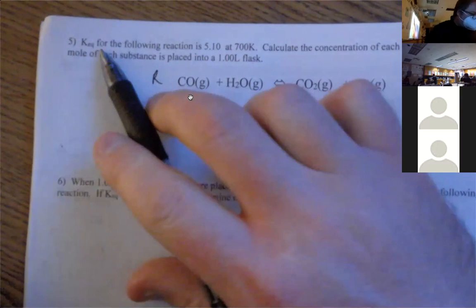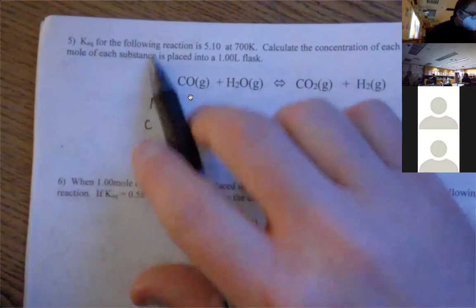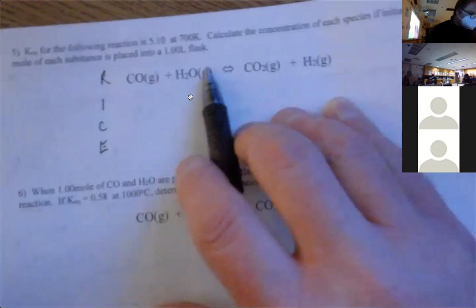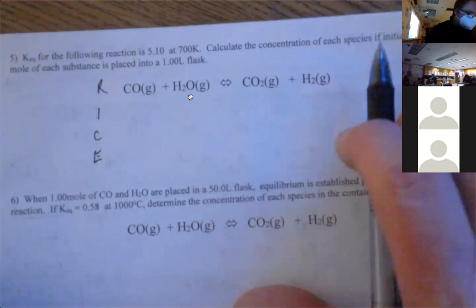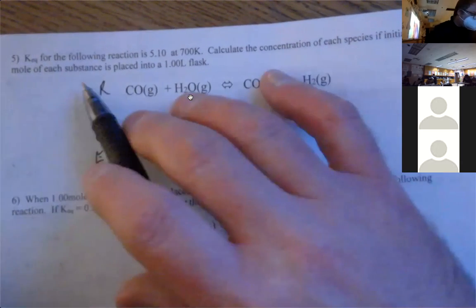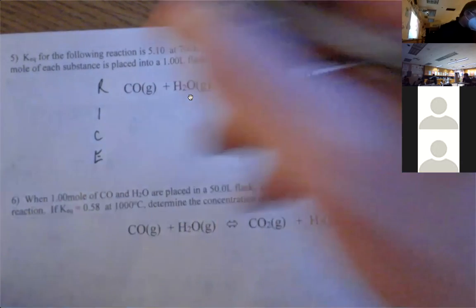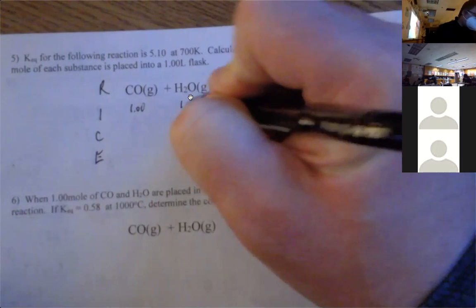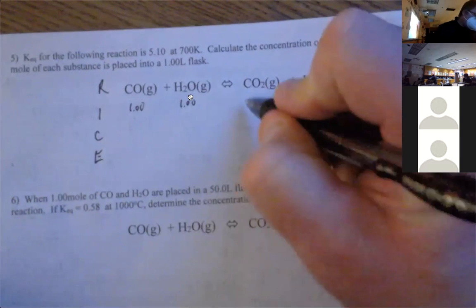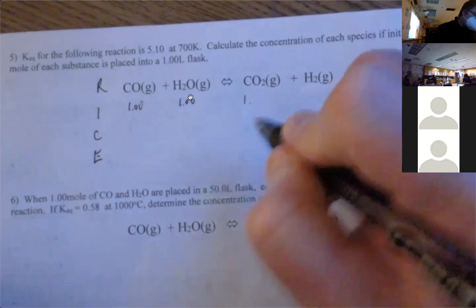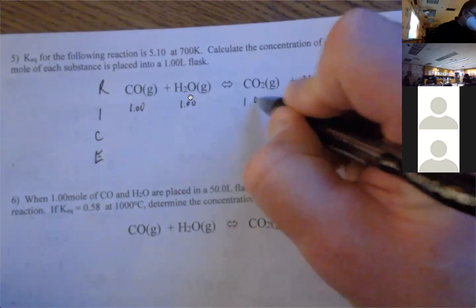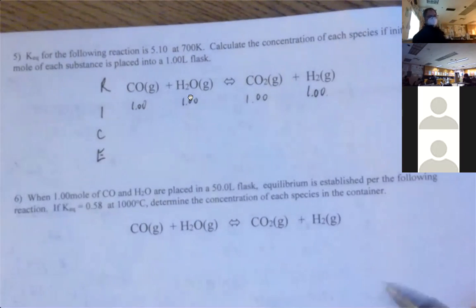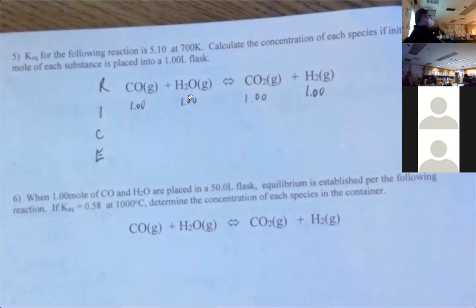K sub EQ for the following reaction is 510 at 700 Kelvin. Calculate the concentration of each species if initially 1 mole of each substance is put into a 1 liter flask. So initially we have 1 mole of this, 1 mole of that, 1 mole of this, and 1 mole of that. Well, that's moles per liter, so that will act as a similarity.